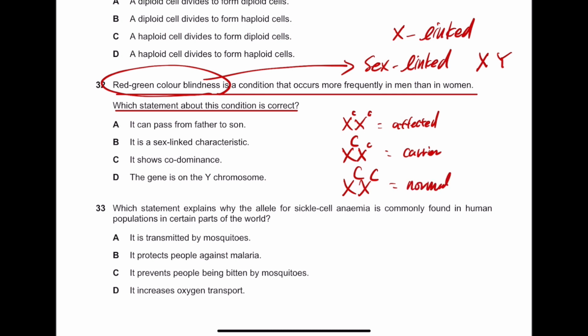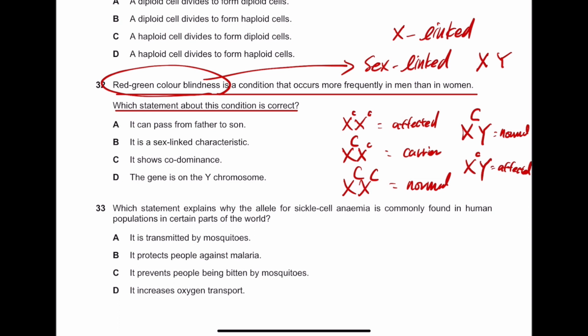As for males, we have XY chromosomes. So, for males, if they have a dominant allele on their X chromosome, then they are normal. But if they have a recessive allele, then they are affected. So poor males, right? Poor buggers.